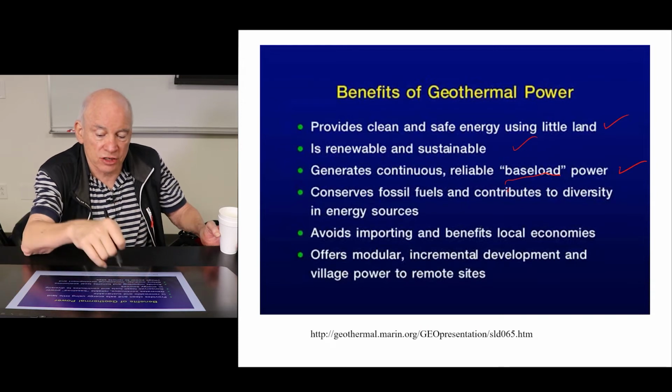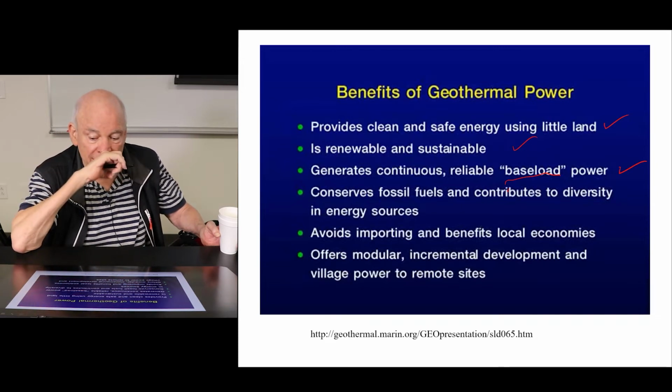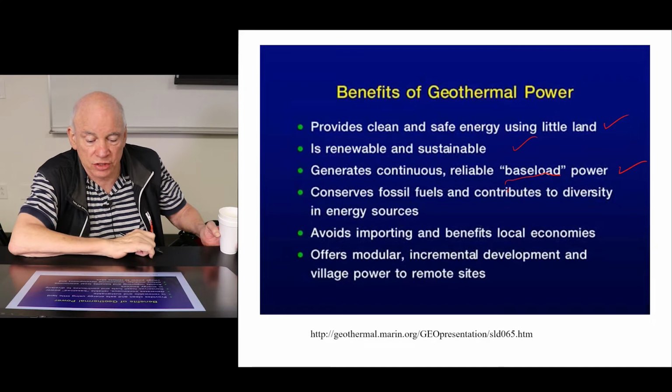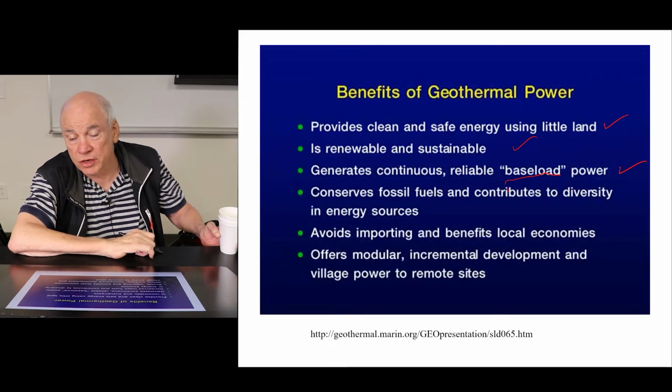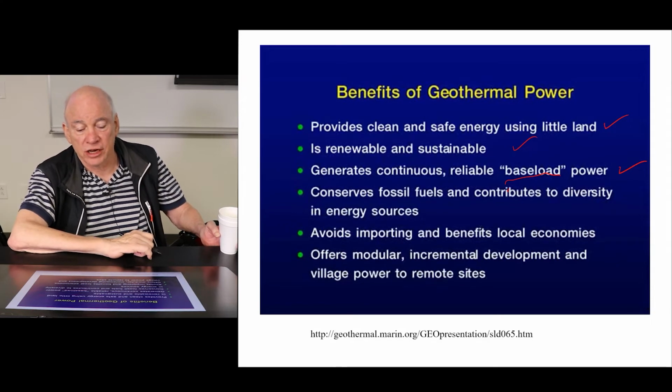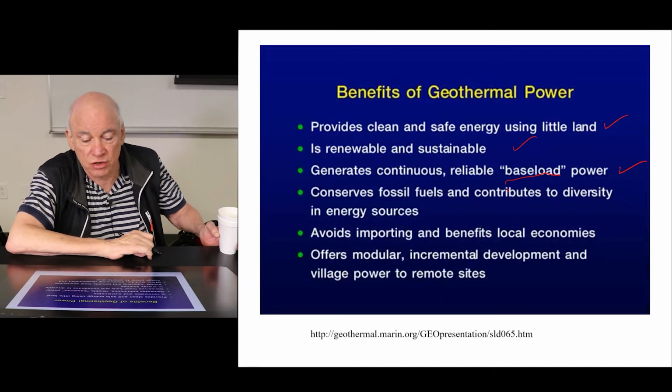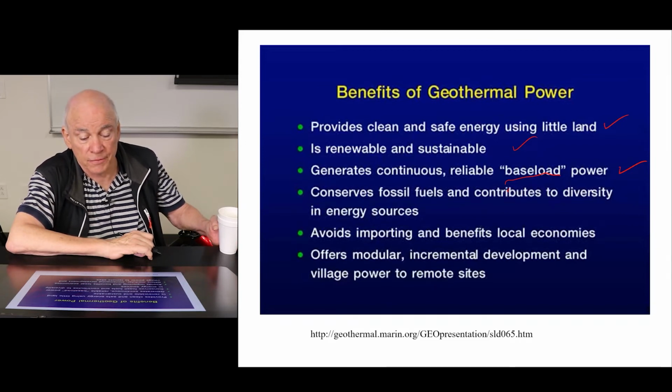It conserves fossil fuels and contributes to diversity in energy sources. Right now in 2022, we're feeling the pinch of rising energy prices, fossil fuel prices. So there's no change in the cost of geothermal energy. The costs are sort of fixed, whereas fossil fuels are subject to changes in the marketplace.